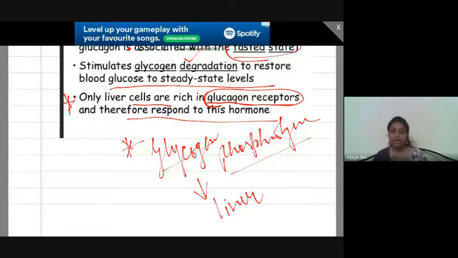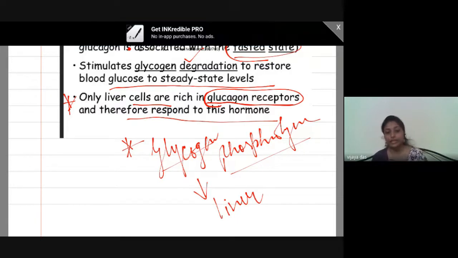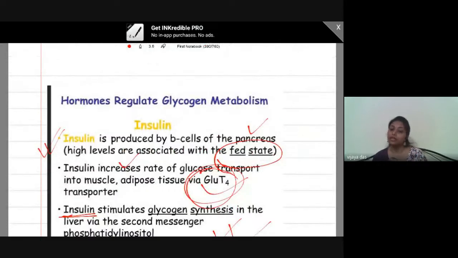Which means that again, due to this enzyme, the liver cells can only give rise to free glucose. तो जो ये free glucose का concept है, ये only कौन बना के देता है हमेशा? ये हमेशा हमें लिवर ही देता है, मसल्स ये हमें डायरेक्टली नहीं दे पाता है, right?